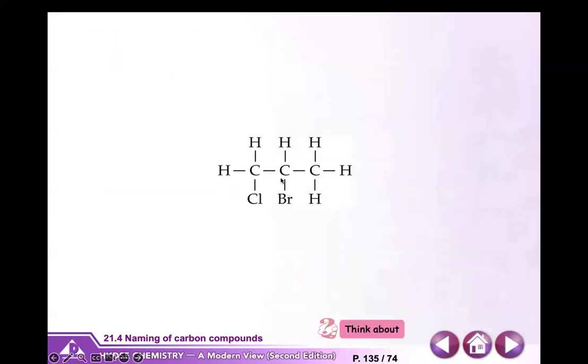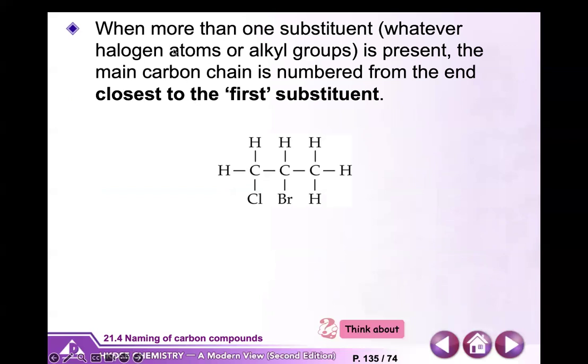So how do we name this? This one contains a bromo group and a chloro group. When more than one substituent is present, the main carbon chain is numbered from the end closest to the first substituent. So it should be 1, 2, but not 2, 3.